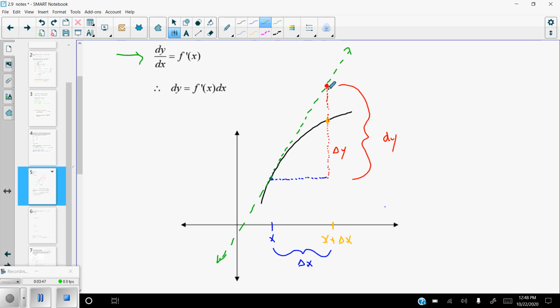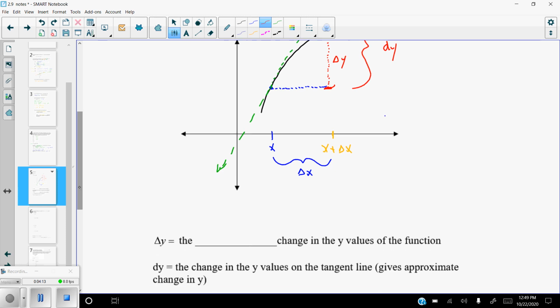So that's the dy. The delta y goes from the actual point on the function to the other point on the function, whereas dy goes from the first point on the function in blue up to the tangent line approximation point in red. So that's the concept of what dy actually is.